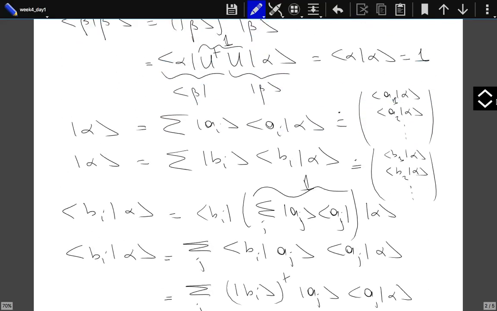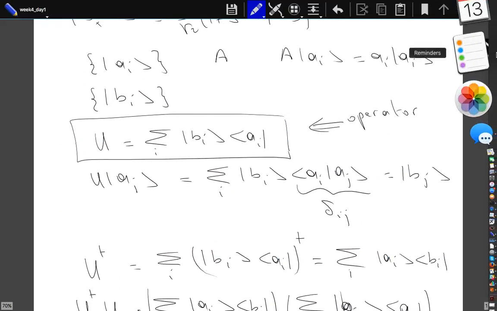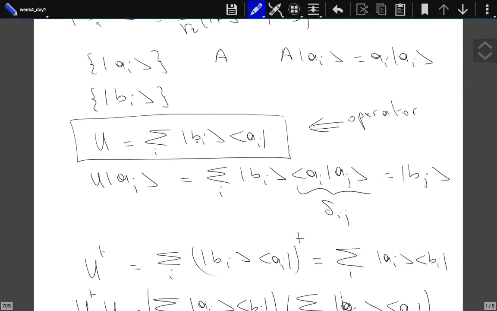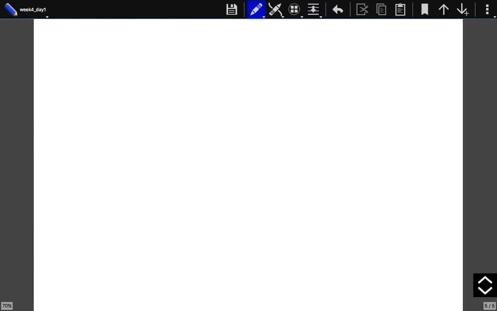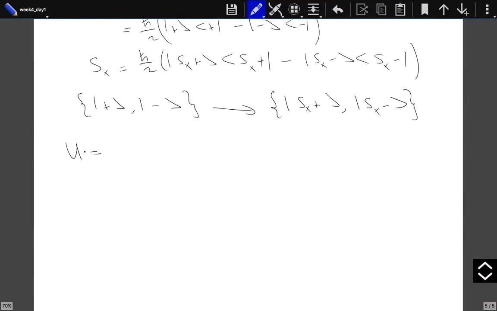Let's look at our definition of U. It's over here, the new basis and the old basis. U is equal to Sx plus, plus, there's no sum, plus Sx minus, minus. This is my operator U. Well, I know the explicit expressions of Sx plus and Sx minus.